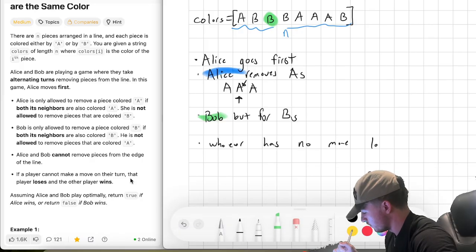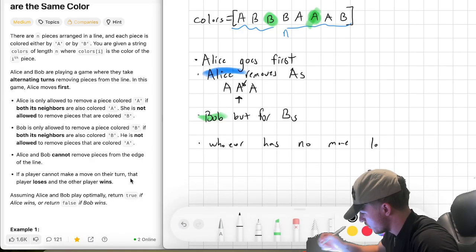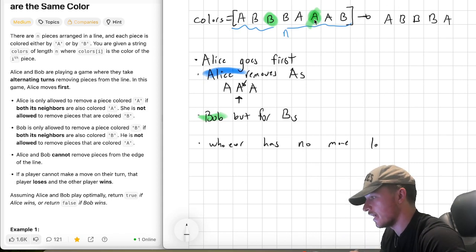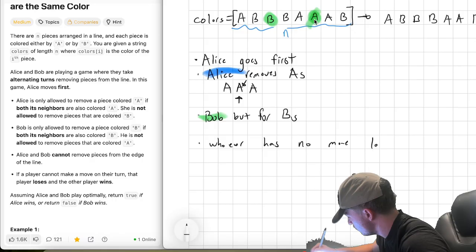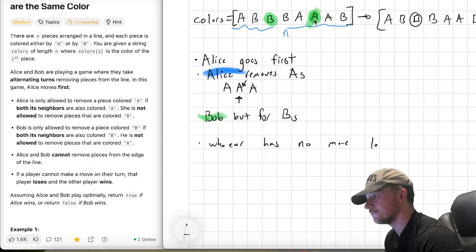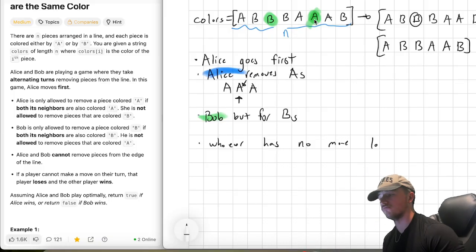So Alice goes first, and Alice is going to remove this A. So then the new array becomes A, B, B, B, A. I'm removing this A, B. And then Bob's going to remove this B. So then the new array becomes A, B, B. I removed one of the A's and one of the B's. Apologies.